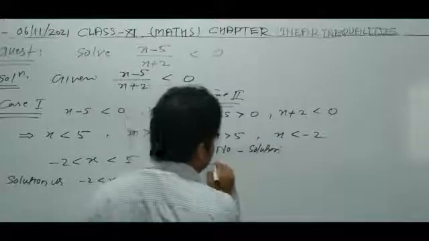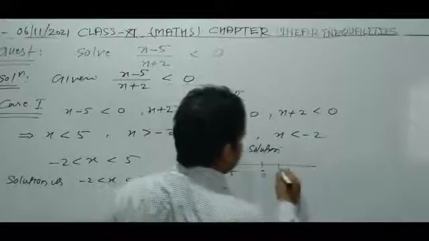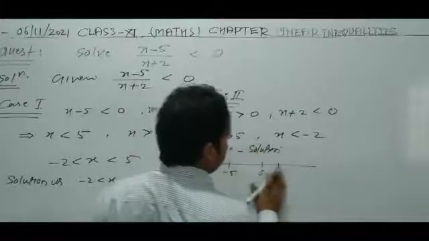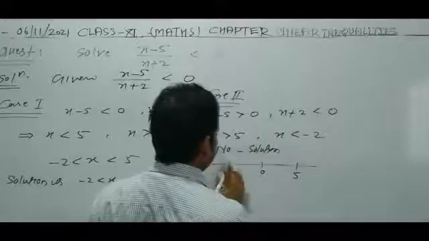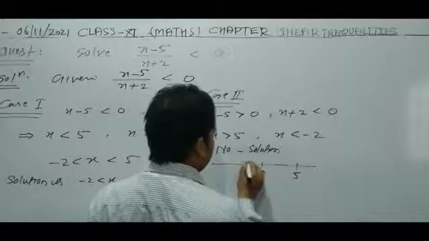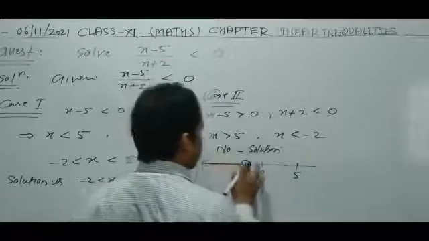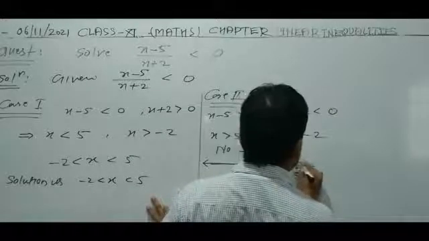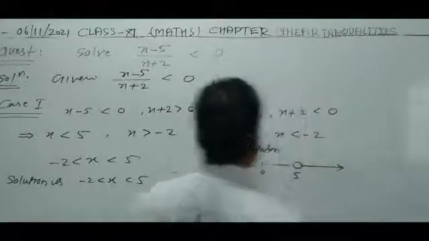Why? The reason is this is 0, this is minus 5 and suppose this is 2. This is 5, suppose this is 5 and this is suppose minus 2. So greater than 5 and less than minus 2, this will be the reason, and more than 5, this is the reason.